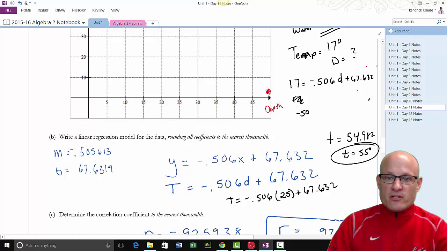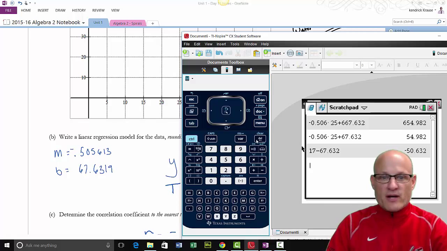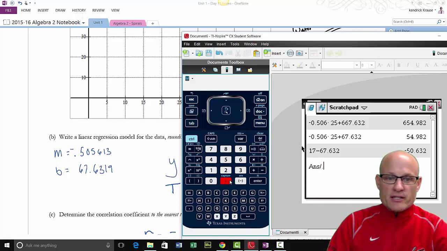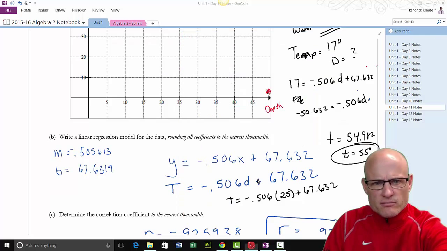So negative 50.632 is equal to negative 0.506 times D. Well, in order to get D by itself, I'm going to divide by negative 0.506. And I get 100 point. Does that make sense?